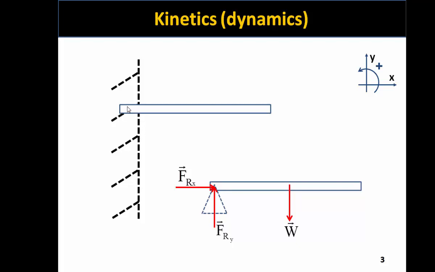And so in doing so, this bar still has weight, it still has mass, and that weight's represented with this vector. But the external contact here will constrain the motion. It will prevent this bar from experiencing pure translation vertically or pure translation horizontally, because it's capable of generating reactionary forces.